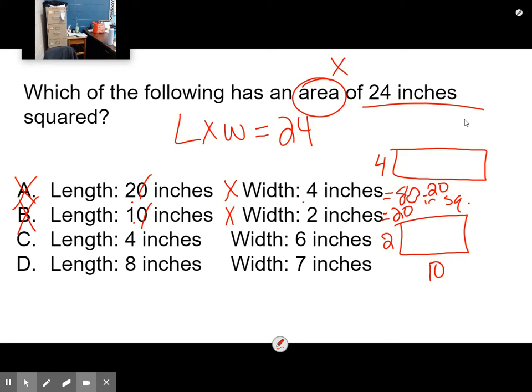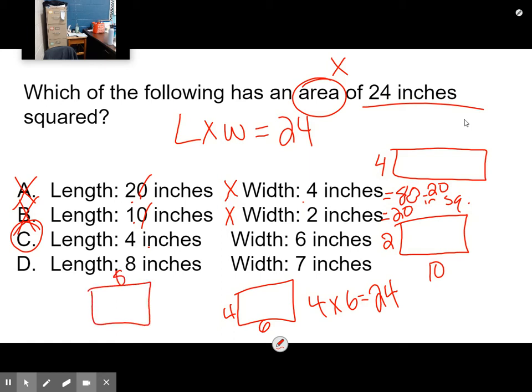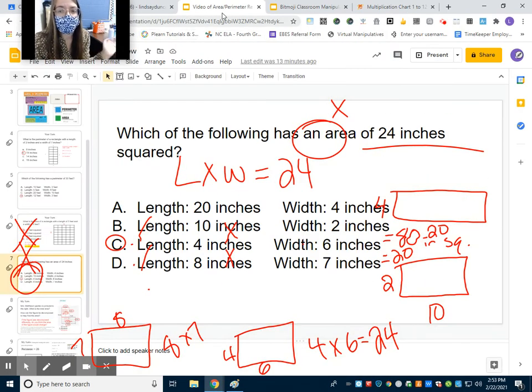My next one is a 4 by 6. So if I have a 4 by 6, 4 times 6, oh yes, that does equal 24. So C, so far, is the best answer. Let's try letter D. D says 8 by 7. Since I want to know the area, I'm going to do 8 times 7. Now, our sevens tables can be a little tricky. The 7s, the 8s, and the 6s tables are the most difficult on our multiplication chart. They're kind of the hardest to remember.